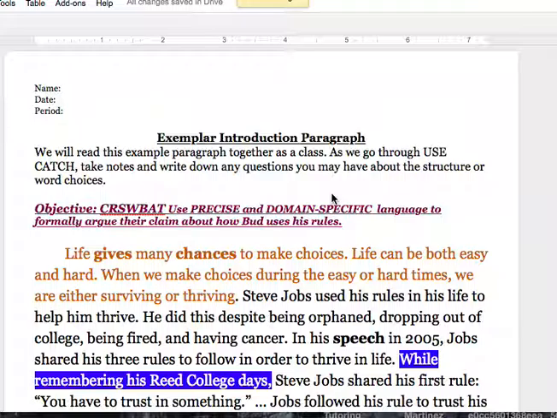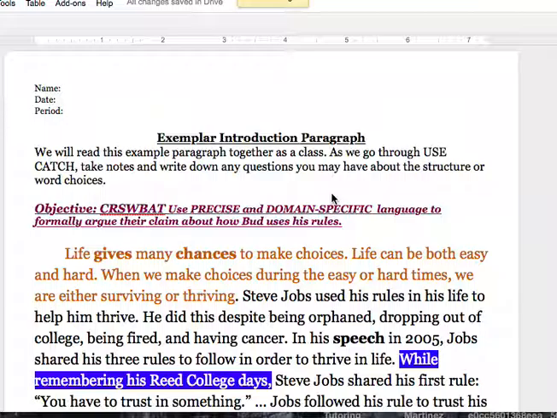Rewatch this as many times as you need to, and use this example as a stepping stone to help you as you go through writing your own. So again, by the end of today, I need you to have your intro paragraph done. Rewatch this if you need to. Quick summary. Begin with setting the stage or starting the theme, that life is hard or easy or whatever it may be.